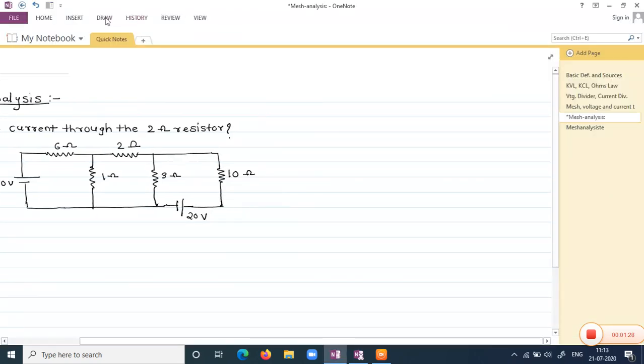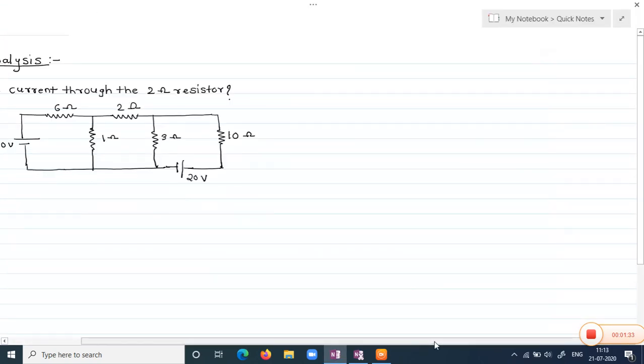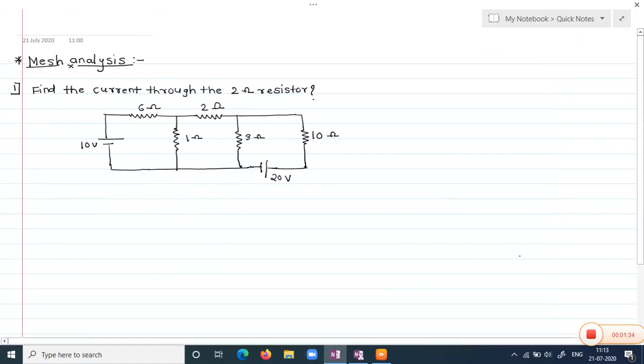Here we have assigned the current to mesh 1 as I1. We have assumed the current in the clockwise direction. Here the current flowing through the second mesh is I2. The current flowing through the third loop is I3.